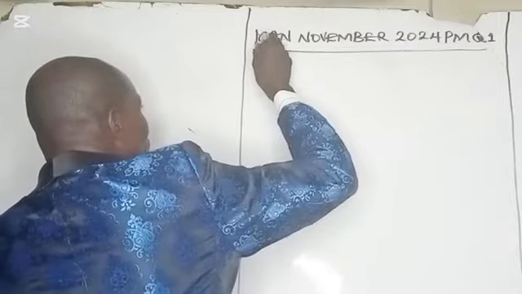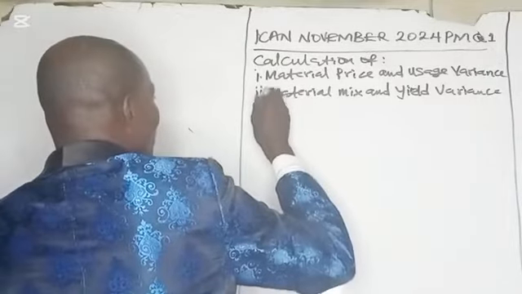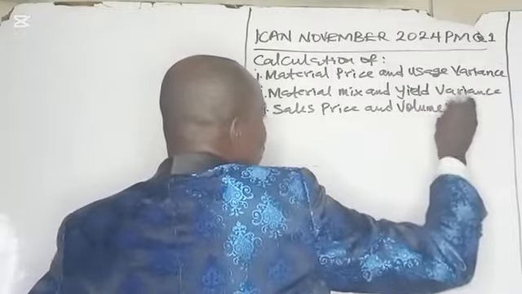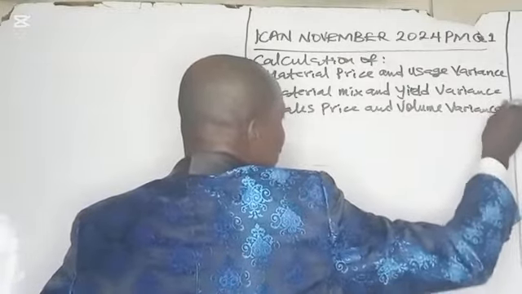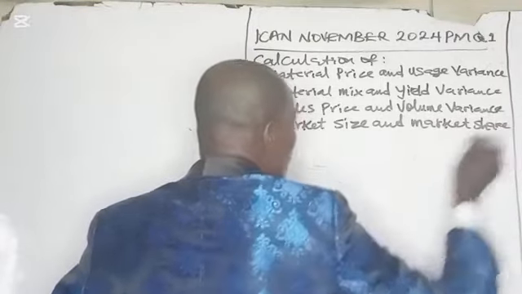Number 1, calculation of material price and usage variance. 2, material mix and yield variance. 3, sales price and volume variance. 4, market size and market share variance.